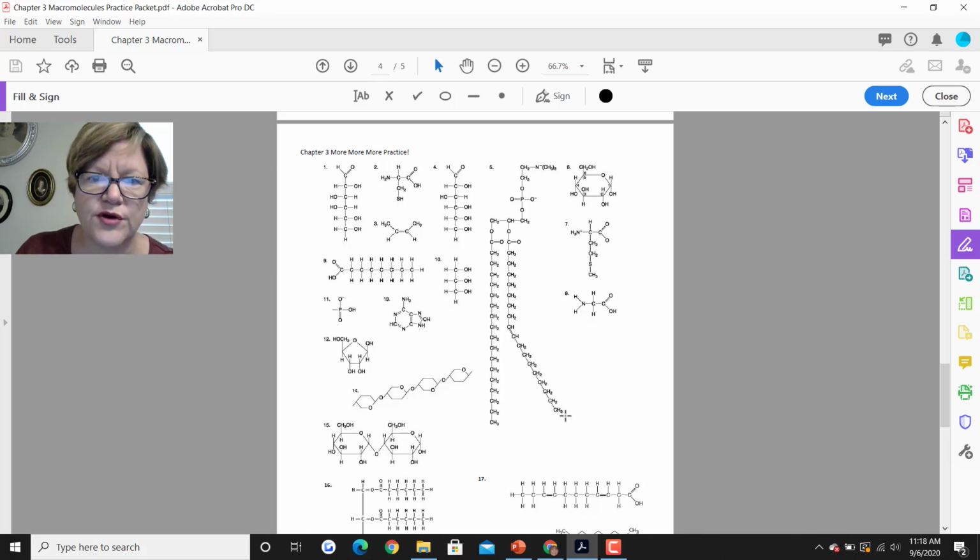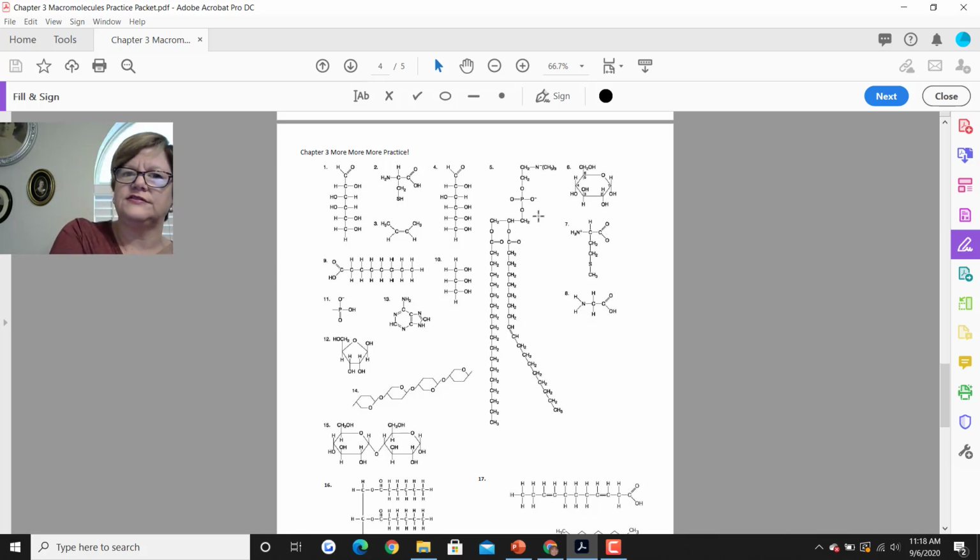One of them has a double bond, so it's bent. So that's a phospholipid, number 5. You can see how large these molecules are getting, and so that's why you can have one region that's hydrophilic and a different region that's hydrophobic, because they're so large in the sense of molecules.